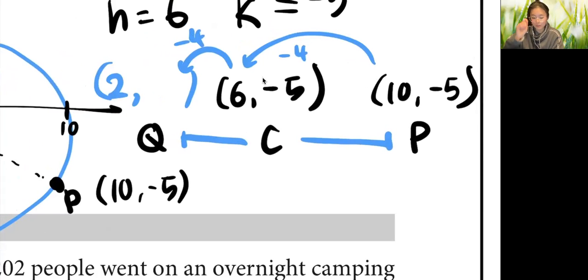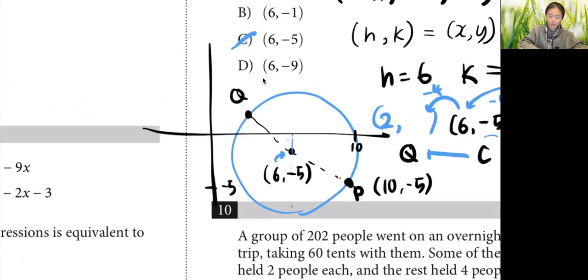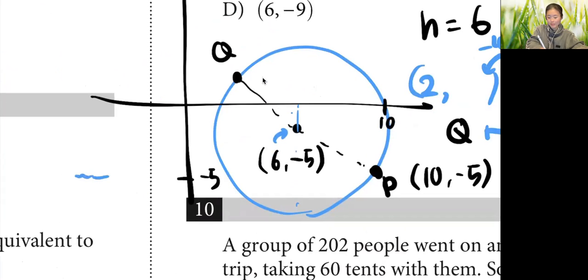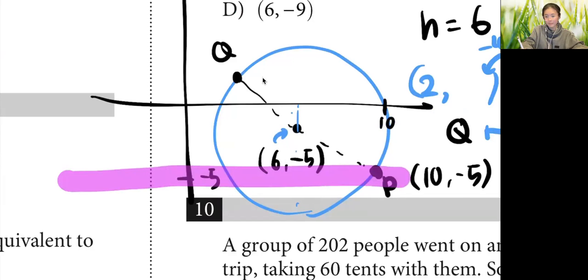But look closely. We have two -5s, and that can only mean one thing: they're all aligned. Their y's are the same. So when you say y is -5, that means it's this line right here. Maybe I should show it in a different line. Which means my circle was really off.